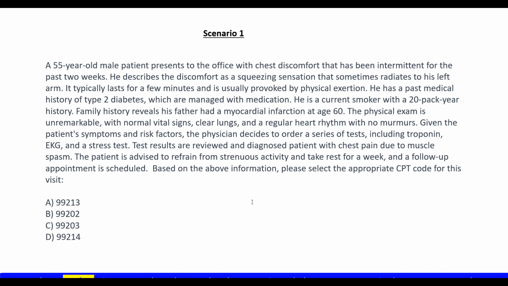Test results are reviewed and the patient is diagnosed with chest pain due to muscle spasm. The patient is advised to refrain from strenuous activity and take rest for a week, and a follow-up appointment is scheduled. Based on the above information, please select the appropriate CPT code for this visit, and your time begins now, and I know that you can.